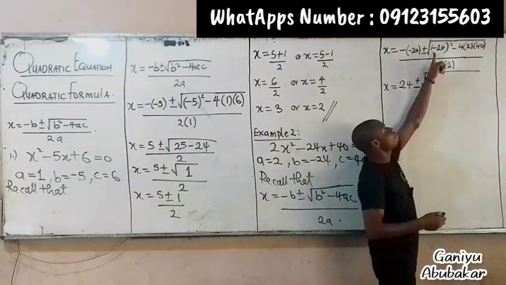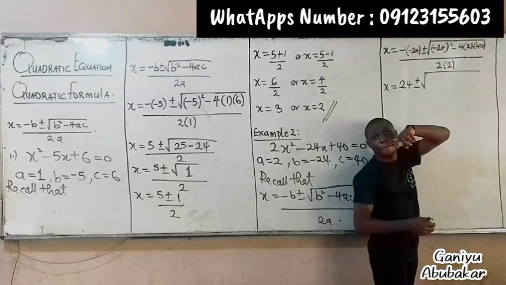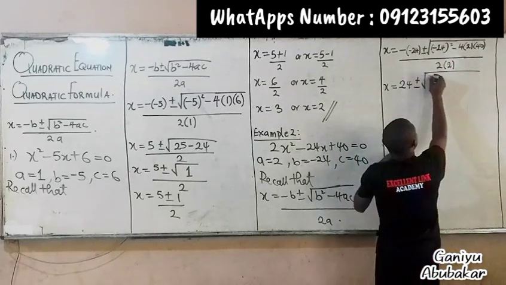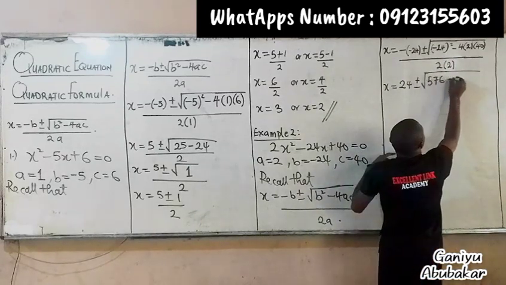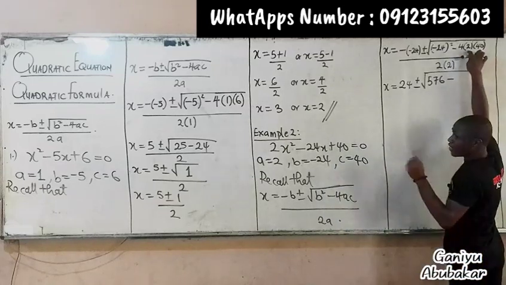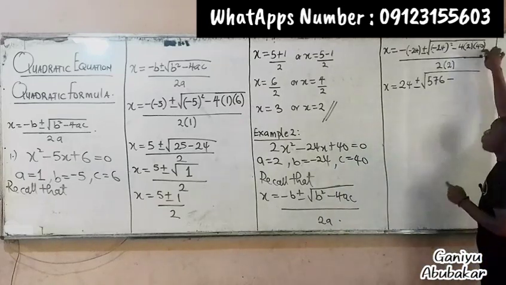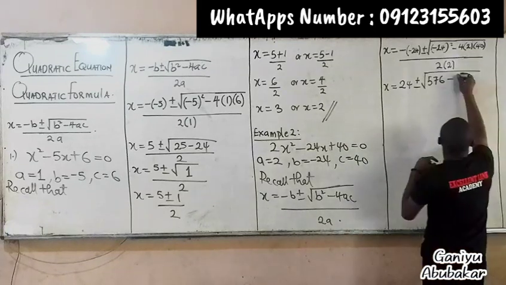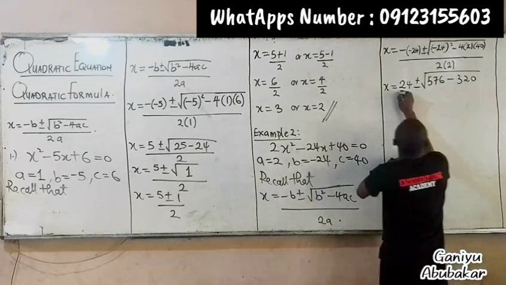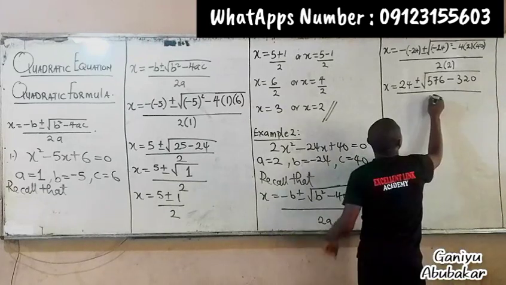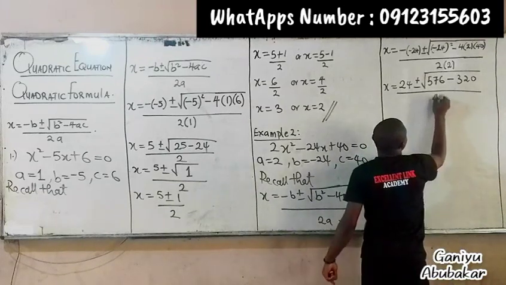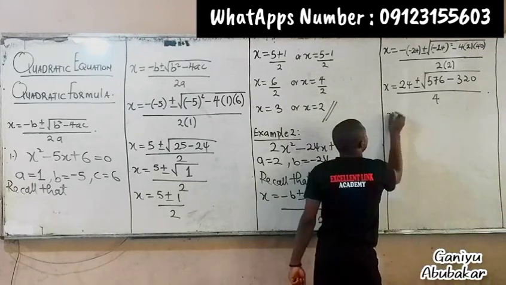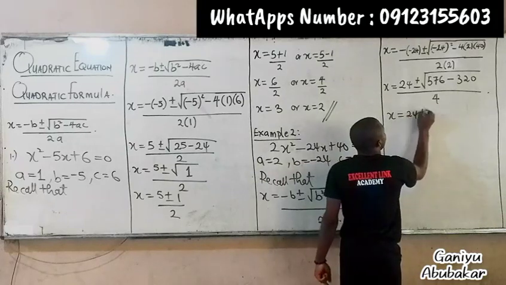This becomes 576. 576 minus 4 times 2, which becomes 8, and 8 times 40 becomes 320. Punch 576 minus 320. My answer is 256. X is equal to 24 plus or minus the square root of 256, all over 4.